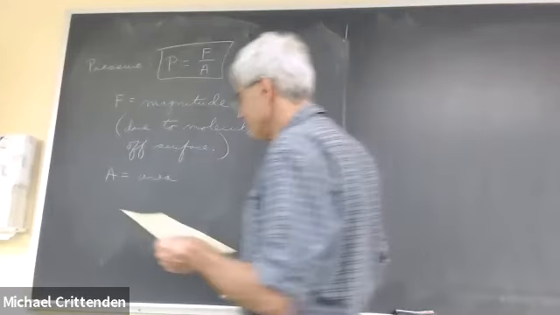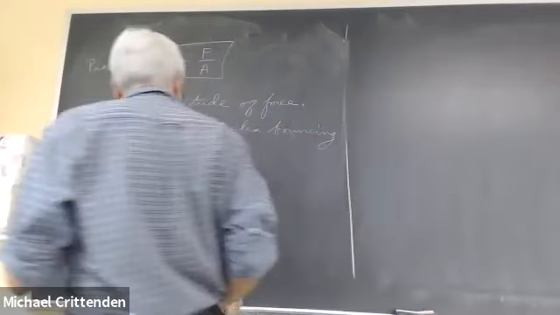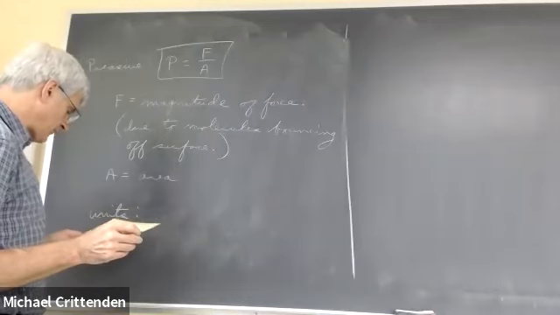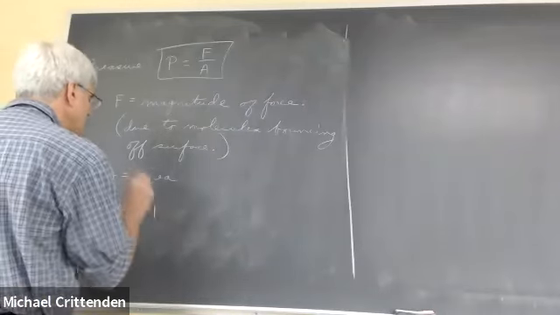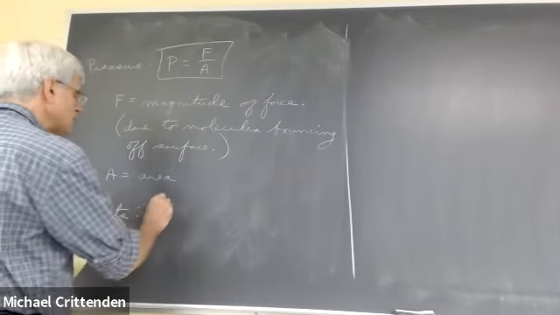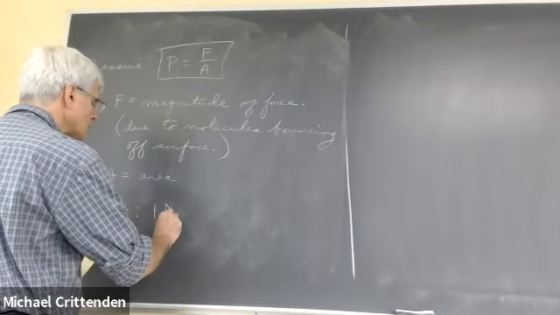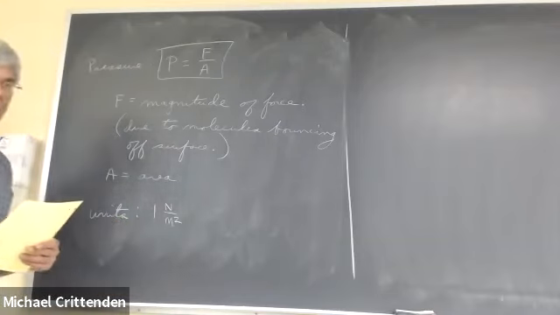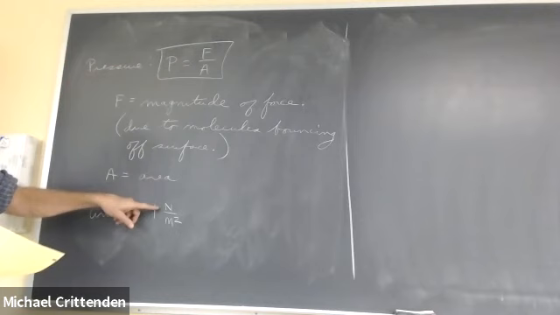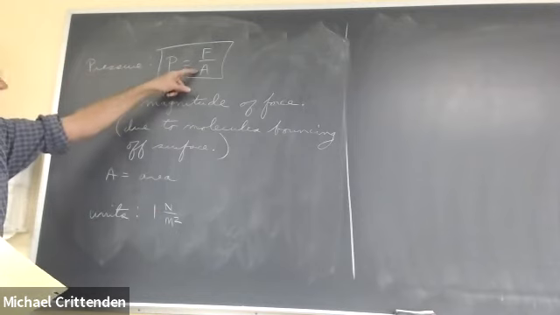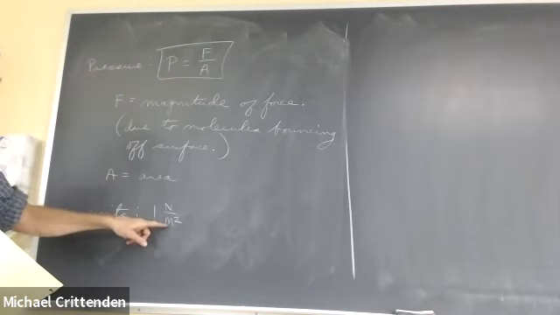Units. The only ones we will concern ourselves with in this course are, first of all, the SI unit. In the SI system, force is measured in newtons. Area would be measured in square meters.